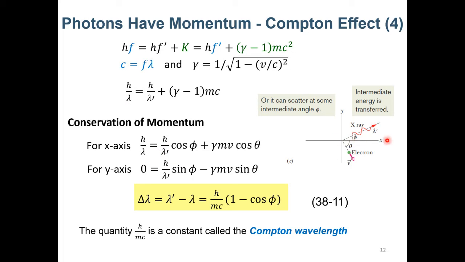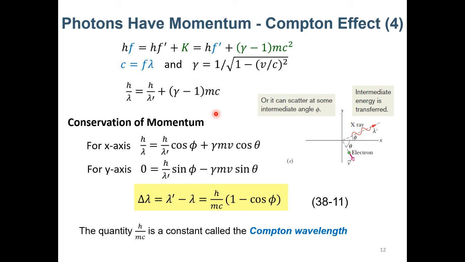If we extract the momentum in the x direction and y direction, we will find that for the x direction, originally h over lambda is all in the x direction, so in the y direction it is 0. For h over lambda prime, phi is this angle, so in the x direction it is cosine phi and in the y direction sine phi.